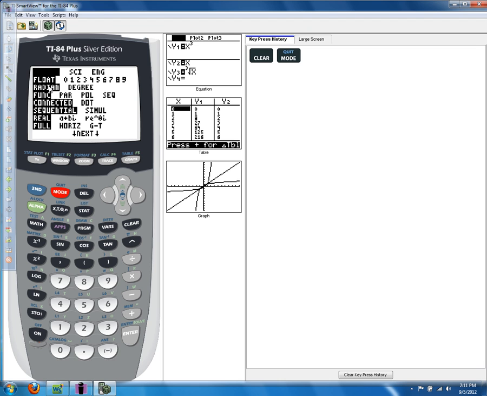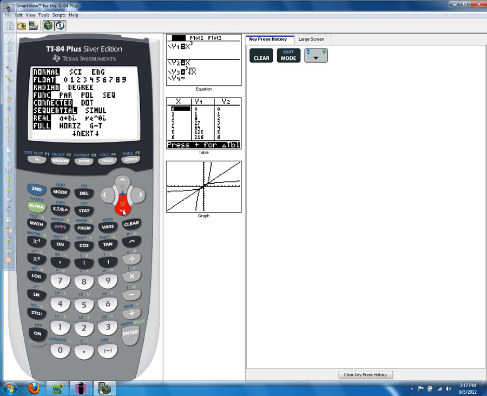Right now, this calculator is set in radian mode. So if our angles were in radians, I would want my calculator set in radian mode. And if we find the sine or the cosine of some angle in radians, that's going to give us the right answer.